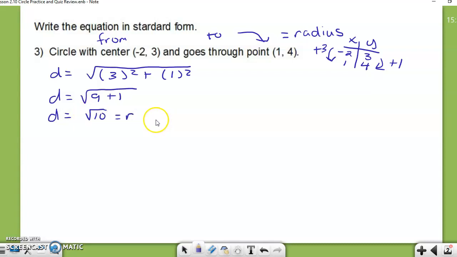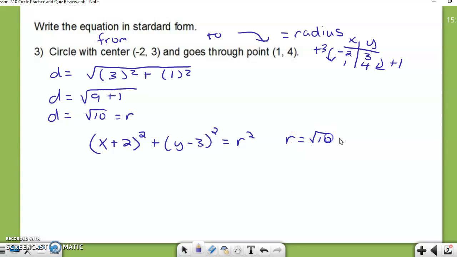Okay, so now I got to think about my equation. It's x plus 2, because remember the minus, it would be x minus -2, that's my center, plus y minus 3 squared. And it's going to equal my radius squared. So my radius equals the square root of 10.